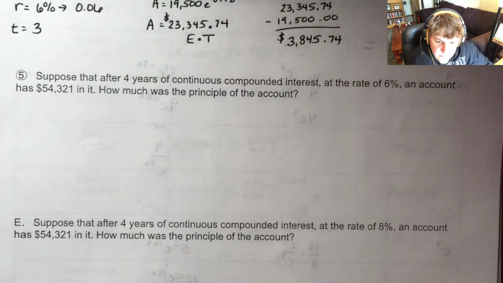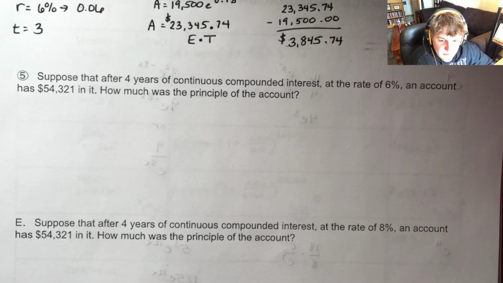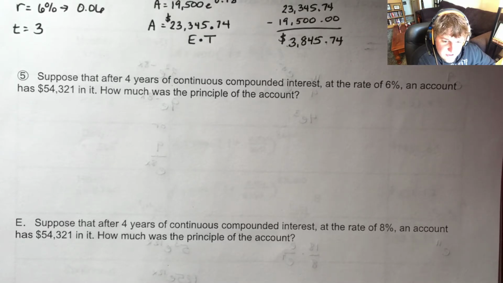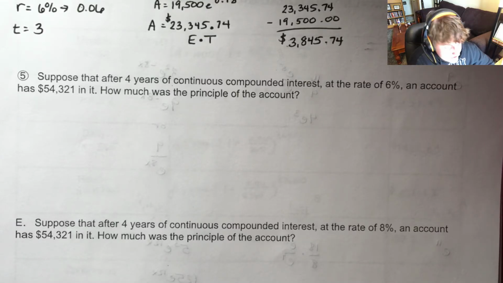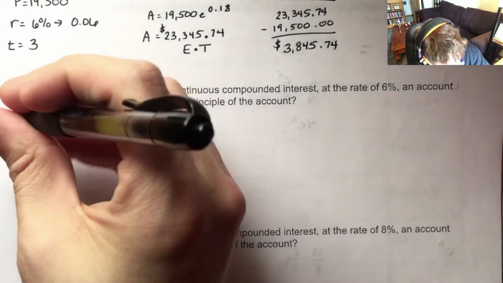Suppose that after 4 years of continuously compounded interest at the rate of 6%, an account has $54,321 in it. What was the principal of the amount?